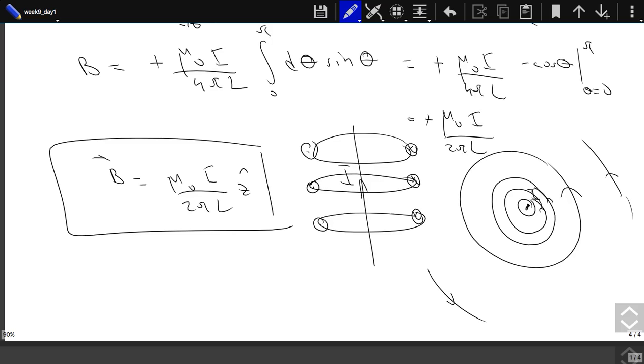No. Well, you see, this wire has two symmetries. One is rotations around this axis, nothing changes. So basically, that tells us that once we evaluate the magnetic field at this point and see that it is vertical, we know that the magnetic field lines have to be circles.